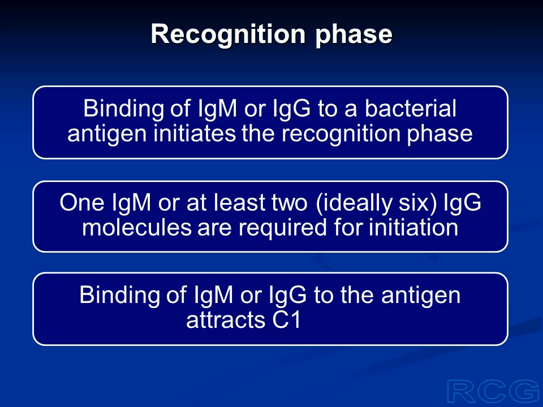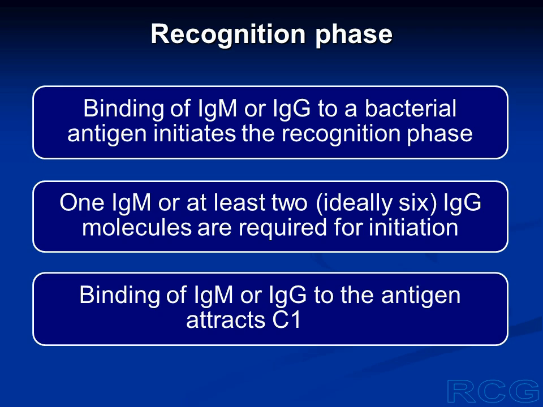And for this initiation, we require at least one molecule of IgM or at least two molecules of IgG. Ideally, there should be 6 molecules of IgG bound to the antigen on the surface of the bacterial cell for initiation of the recognition phase.